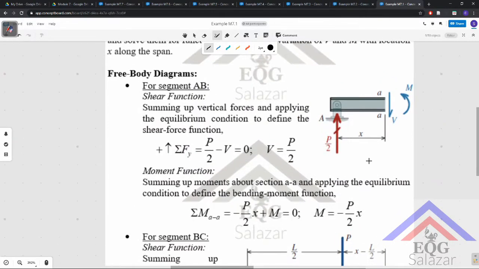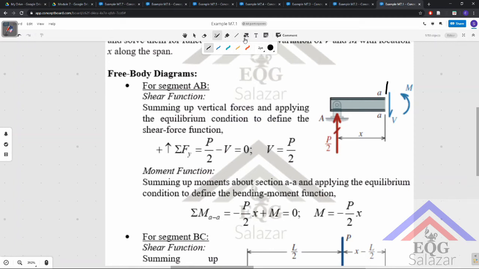For segment AB, we pass a section AA through the length of AB, and then we sum up vertical forces in this segment right here. So we have positive P over 2 minus V. You always account for the internal shear load, where this is going down because we are assuming the shear to be positive at that point.